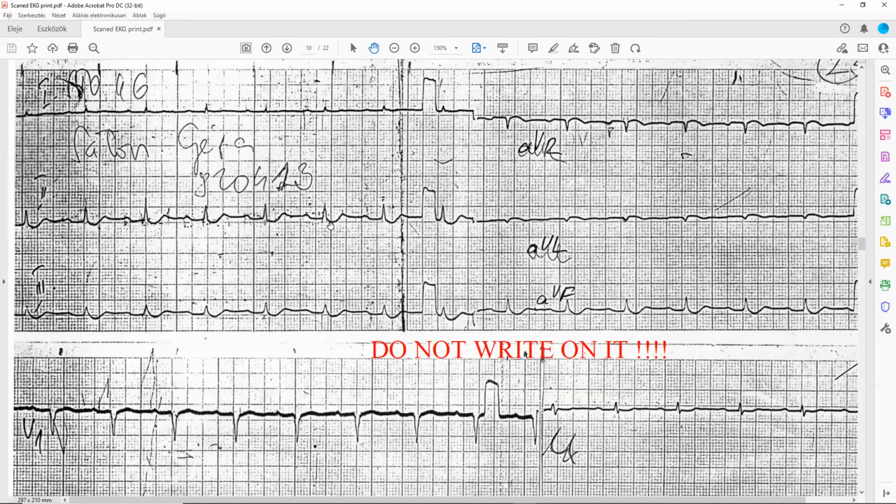It's positive in lead 1, and is it positive in AVF? Yes, it's positive in AVF as well, so it's a left deviation. No, that's normal, it's not left deviation. Looking at the height of the R in leads 1, 2, 3, lead 2 is the biggest, so it's parallel with lead 2, around 60.